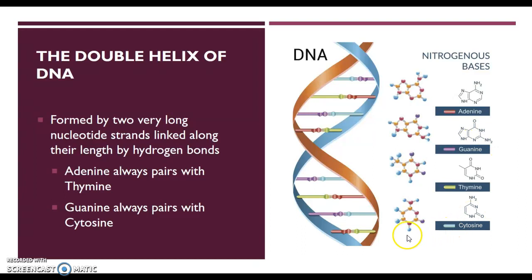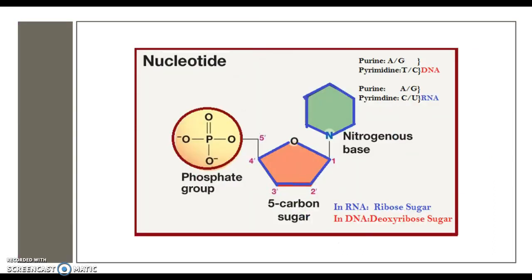And when they bond, they form hydrogen bonds between them. Okay? So if we look here, here's adenine, here's thymine, and between these two molecules, then, this is where the hydrogen bonds form that join those two helices, or those two ladders of the DNA molecule.